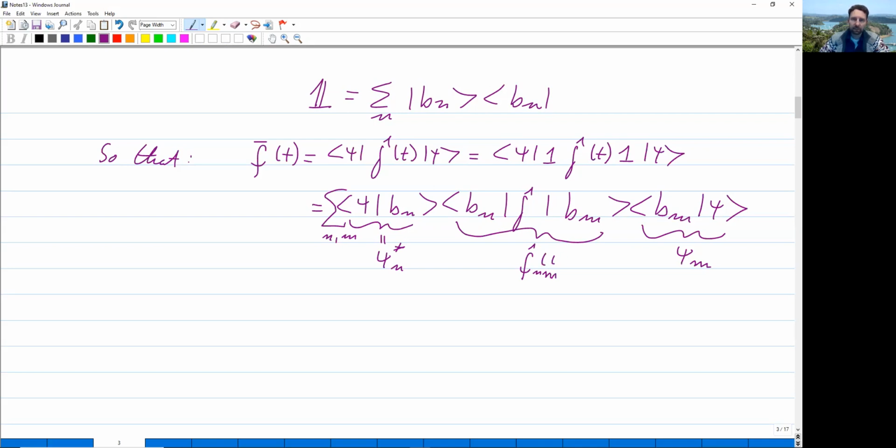And of course, there's a t of t here. So therefore, we can write down this abstract thing that has only vectors and operators in it instead in terms of things that are just numbers. Everything is a number now, which is the sum over psi star n, f hat of t nm, and then psi m. See, everything is numbers here.